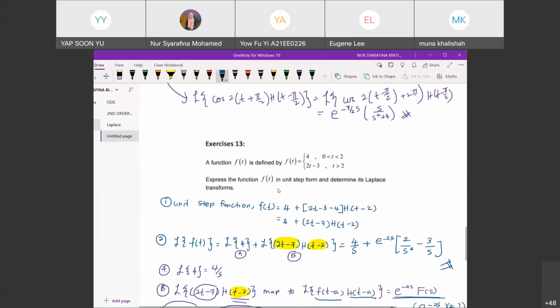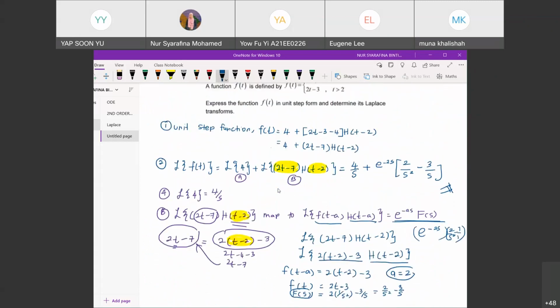Alright, from 1 to 10, where are you? Only 3 students from this class? What about the rest of you? All of you are busy with preparing for Hari Raya?